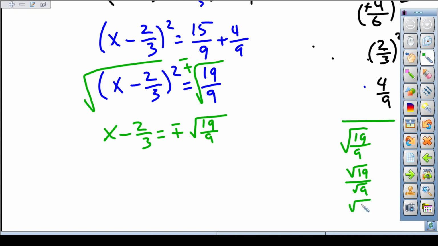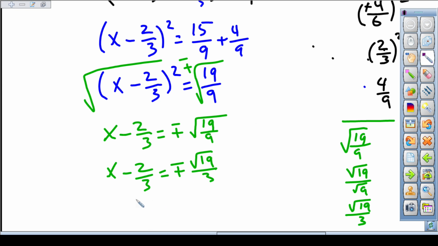So I could say this is the square root of 19 divided by 3. So it's going to be x minus 2/3 equals plus and minus the square root of 19 over 3. Okay, I'm almost done. I promise.